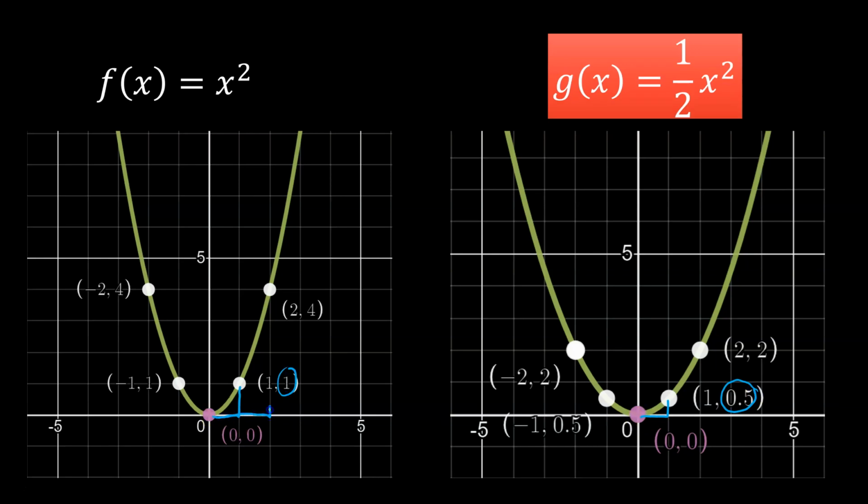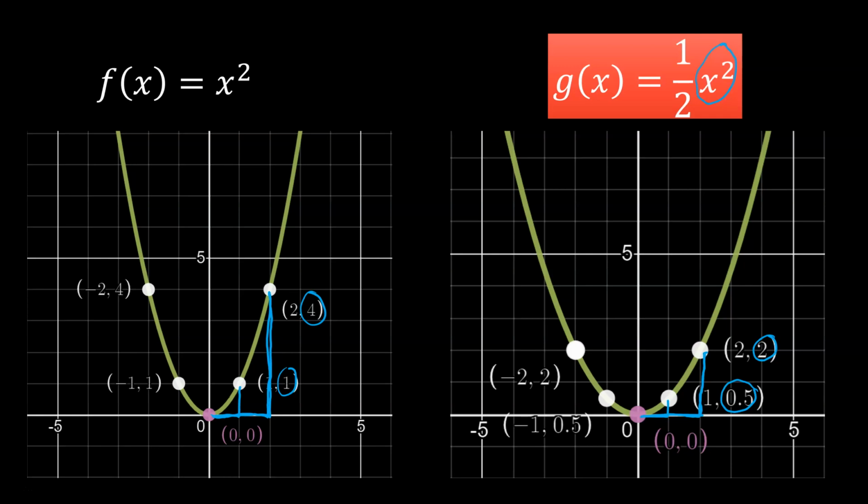Normal is over 2, up 4. Here we go over 2, but only go up 2. Why? Because it's 1/2 of x squared.